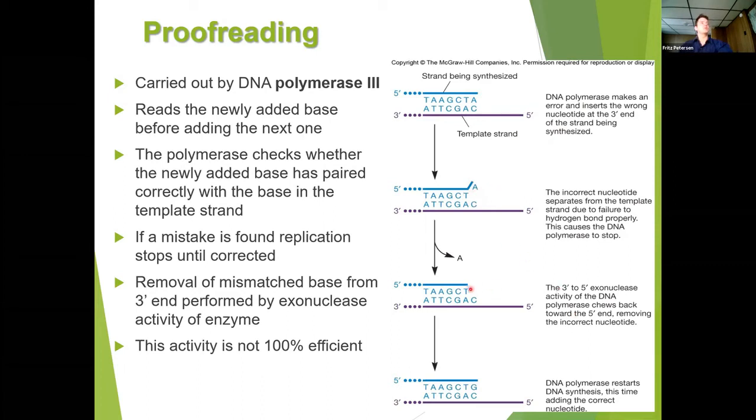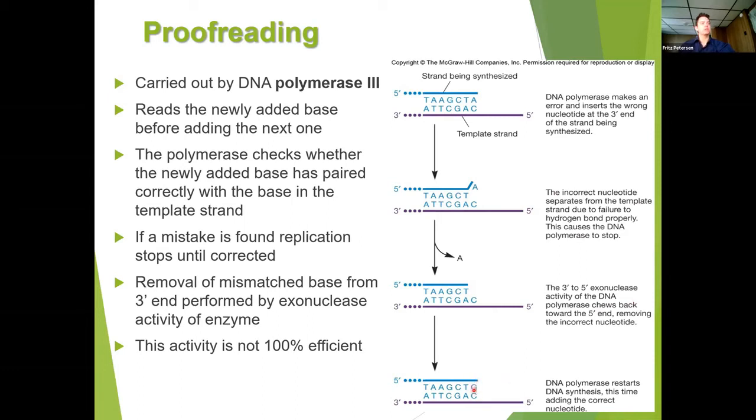The wrong or erroneous nucleotide is then removed by the exonuclease activity of the DNA polymerase as it chews back. So it'll stop what it was doing, move back toward the 5' end, and cleave out this wrong nucleotide. And once the wrong one has been removed, it'll simply keep going and add new nucleotides.